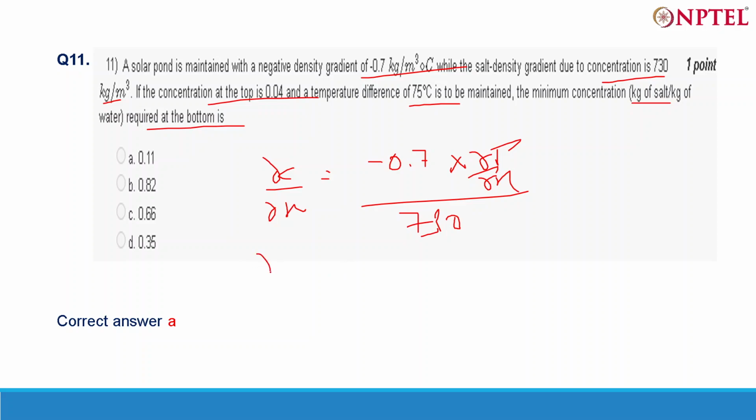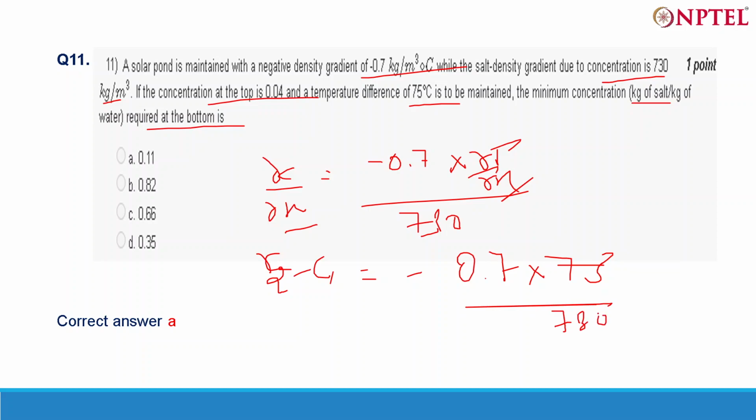Okay, so C2 minus C1, dx will be cancelled, minus 0.7 into this 75 dT upon 730.